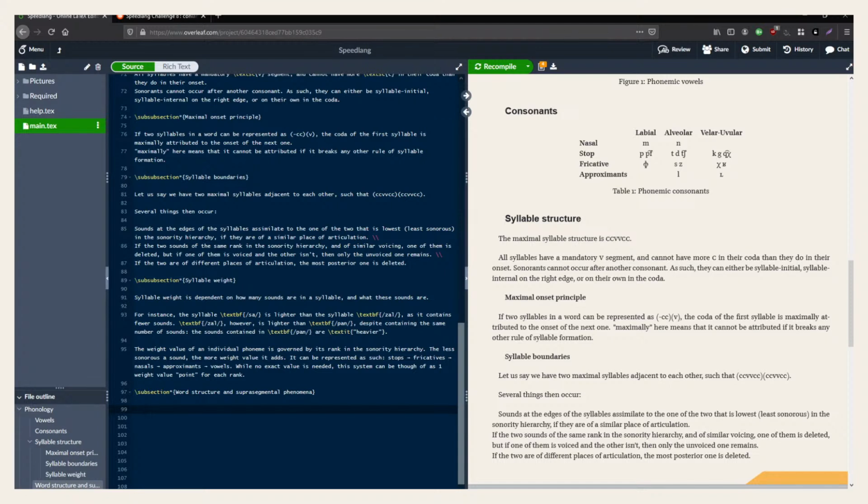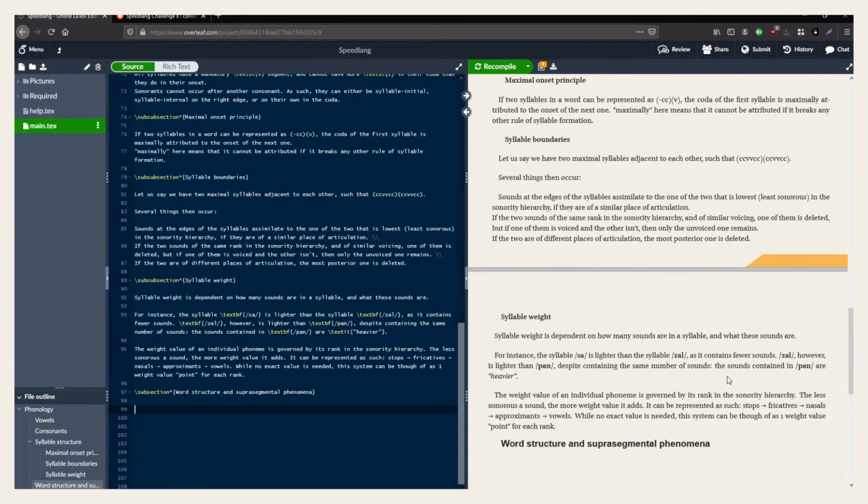No, that would be tone. I don't want tone, I don't want stress because I don't care for stress. Let's see, fricatives, nasals. How does that render actually? Yeah, the arrows are showing here. I'm going to put all of this in bold.